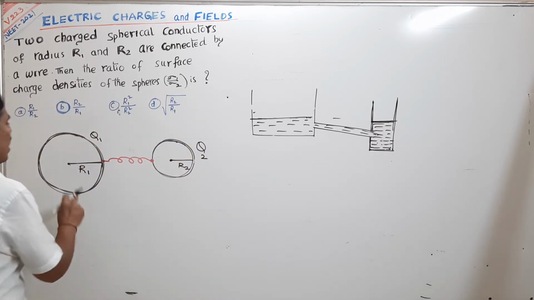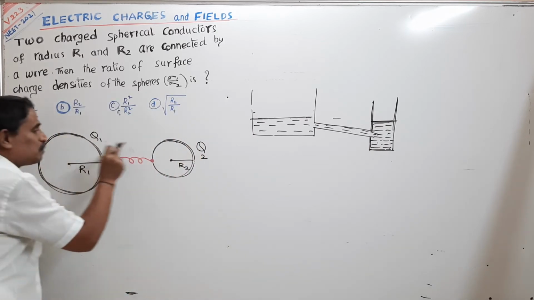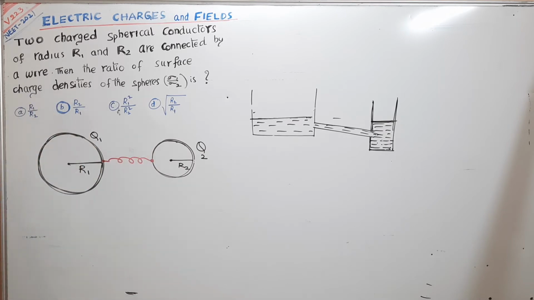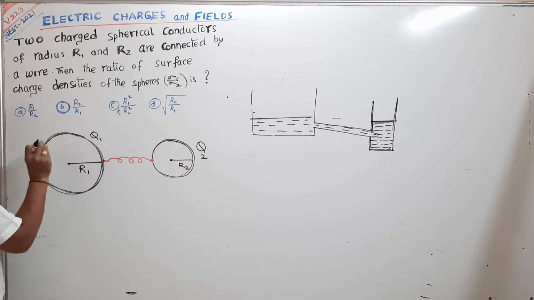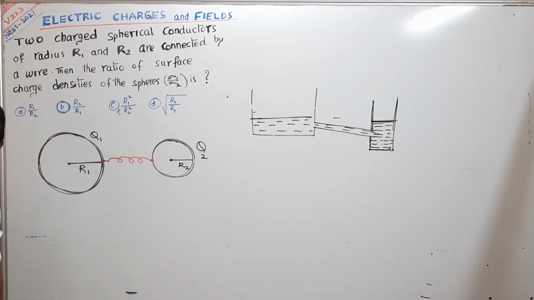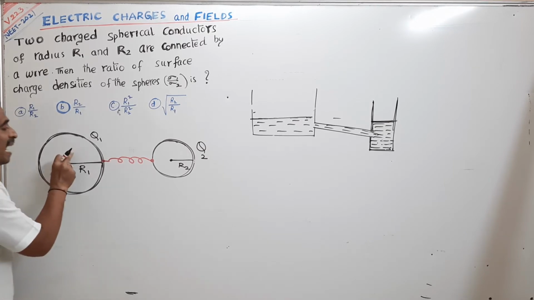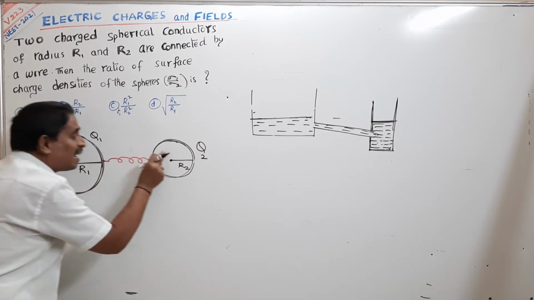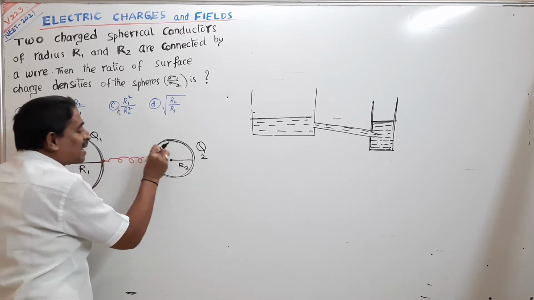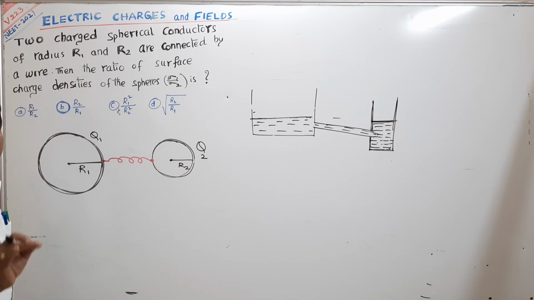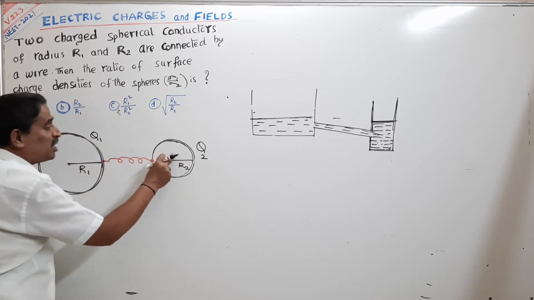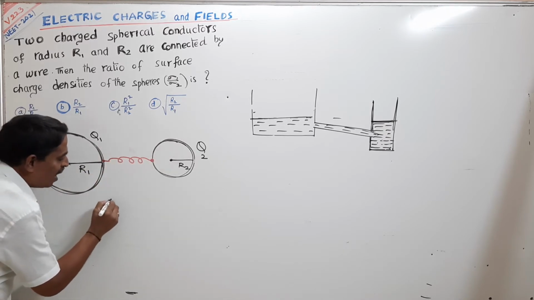Similarly, when two charged spherical conductors are connected by a wire, charge flows from one conductor to the other conductor until their potentials are equal. Charge flows until their electric potentials are equal.